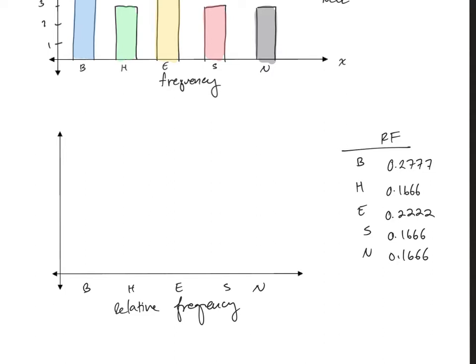Let's go ahead and go in 5s, 0.05s. So we have 0.05, and then after that we have 0.10, and then 0.15, and 0.20, 0.25, and 0.30.